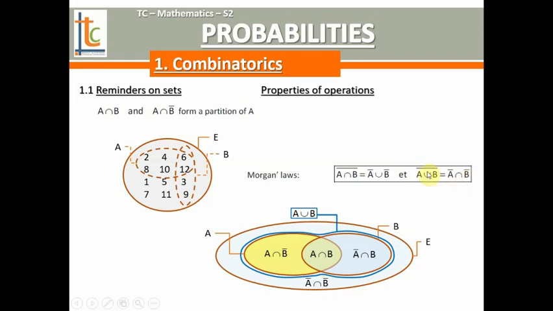And with words, not to be inside A or B is to be not in A and not in B at the same time. So the other formula is true as well, but would be a bit more complicated to see in this graph. So let's consider it's true, but you can try to make a graph and to see that.